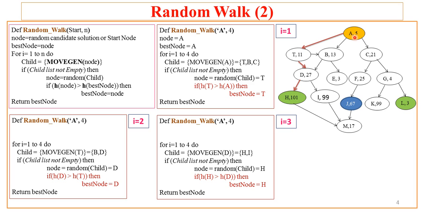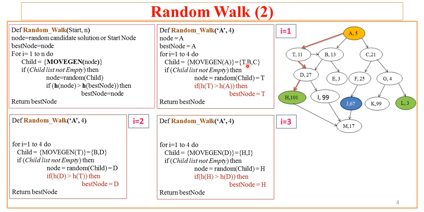Now let us focus on this graph. So A is the node for which it is given in the graph that there are 3 successors T, B and C with heuristic values 11, 13 and 21. Now these nodes are written as the child list by MOVEGEN, and that is stored in child.